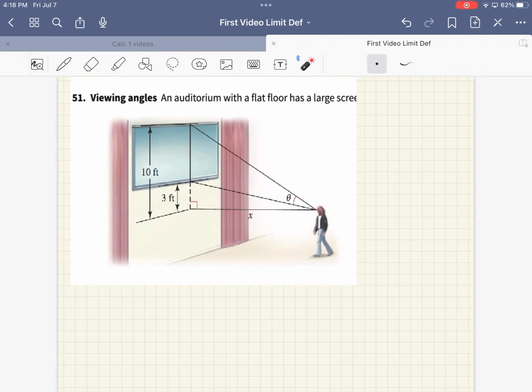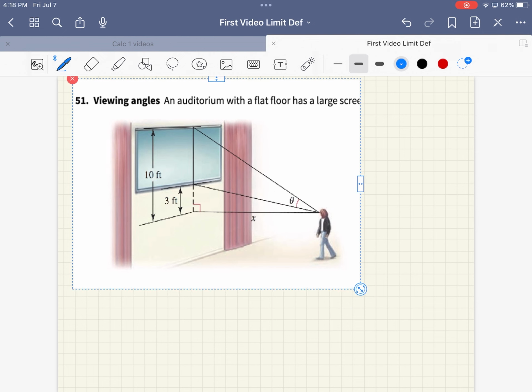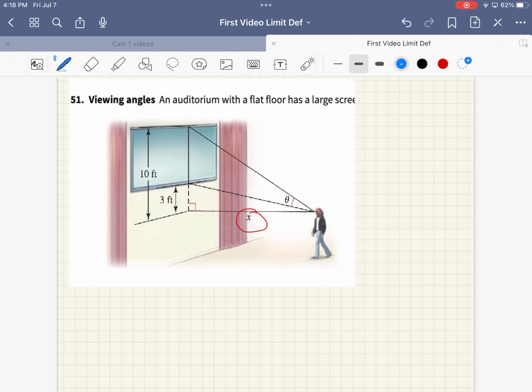The goal is to determine the value for x, the distance that we're standing away from the wall, that will maximize the viewing angle, which is this right here. So we want to maximize that.